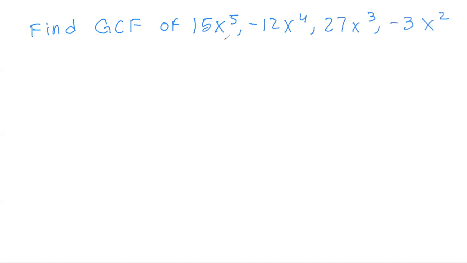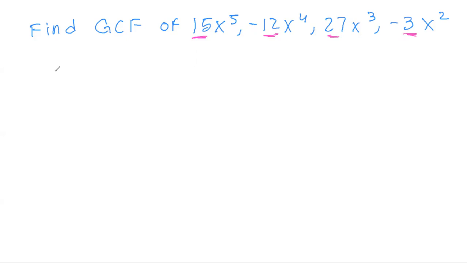Okay, so I would first look at the coefficients. I feel like that's much easier to work with first. So looking at all these numbers, I have to figure out what is the largest number that they all share. In this case, it's actually going to be 3.